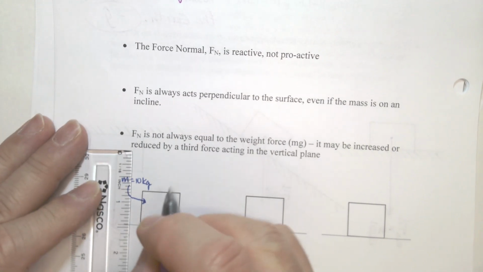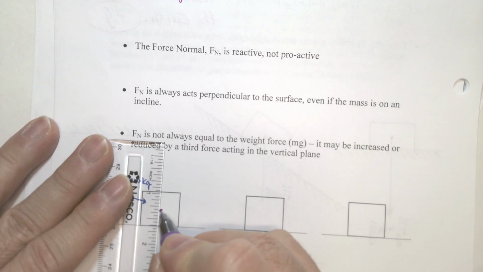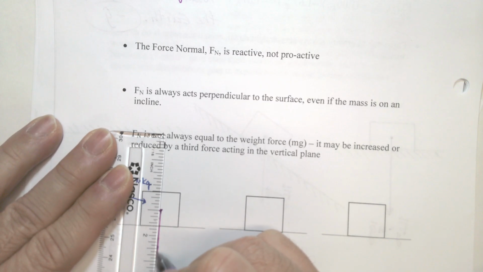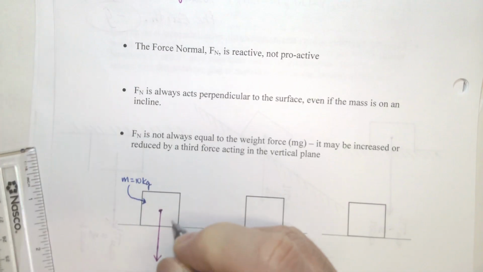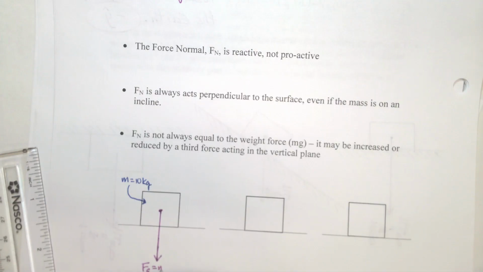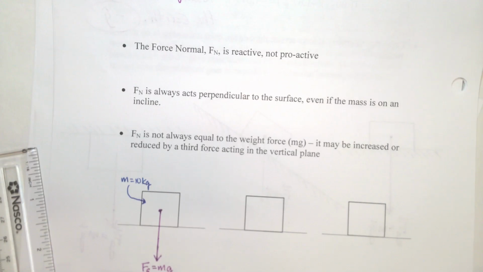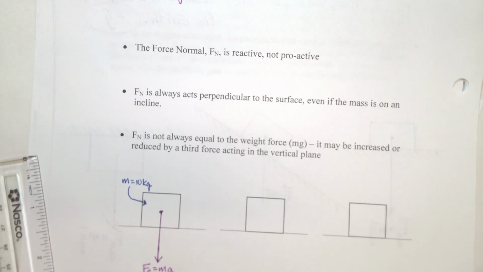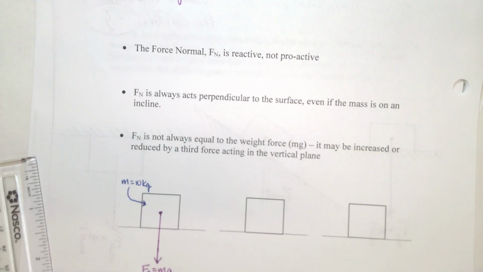One is always the obvious force, which is Fg. You cannot escape Fg, okay? Fg will always be present. And Fg is simply m times g. In our case, it is simply 10 times 9.8. Now, I did not put any vector symbols on this. I'm just working with scalar quantities, okay? So my Fg is equal to 98 newtons.